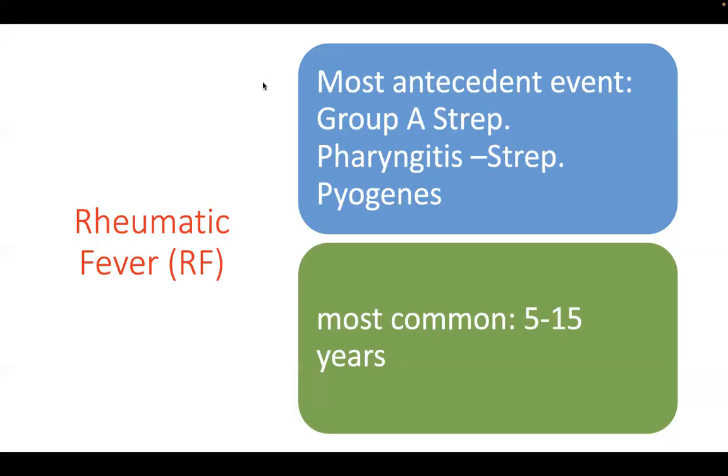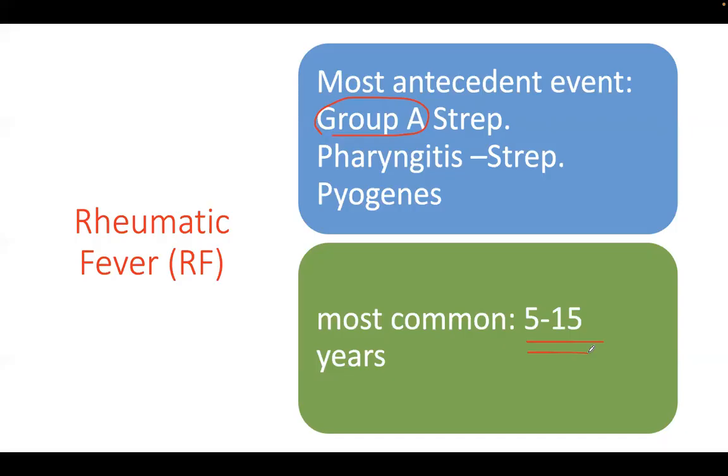Now, this is most likely going to come out in your exam. What is the most common antecedent infection which is associated with rheumatic fever? It's group A streptococcal pharyngitis. Okay, so this is strep pyogenes. Now, this is usually seen in the age groups of 5 to 15.